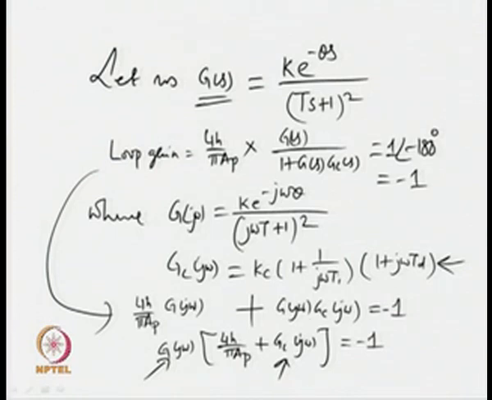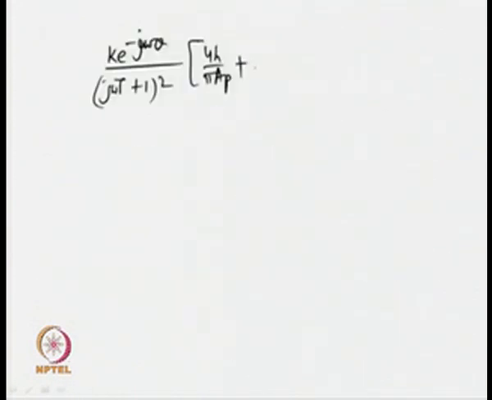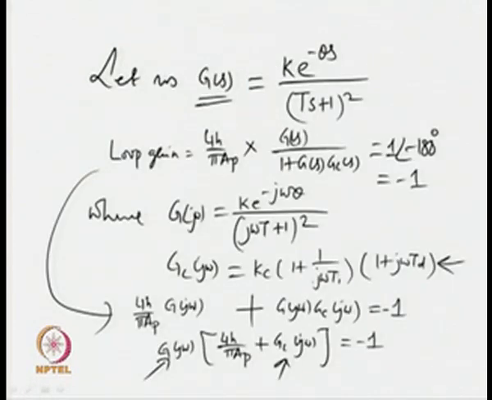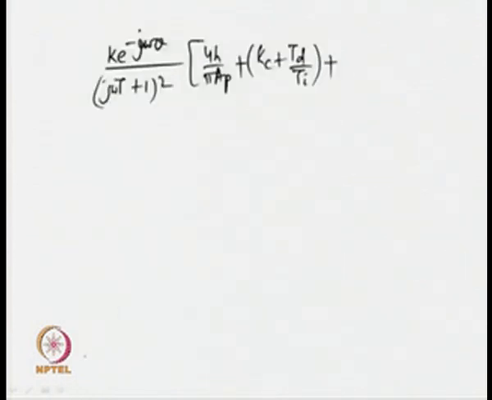When you get it in the frequency domain and multiply, I will get Kc + j omega Td/Ti, so Kc + Td/Ti is one term, then plus j, taking j common, j Kc omega Td minus 1 upon omega Ti. So, this is equal to minus 1.